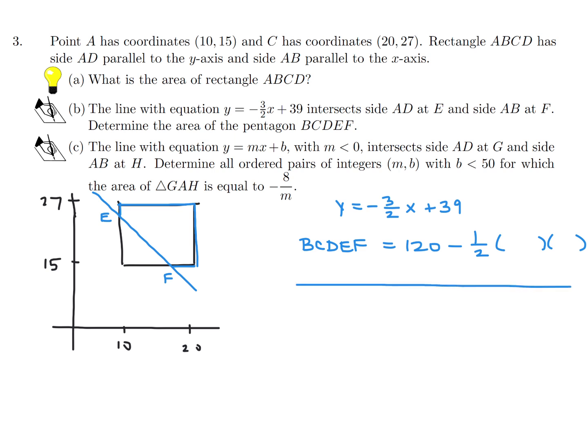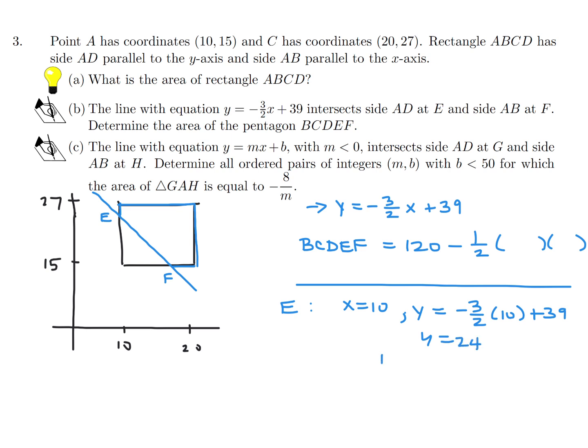Okay, so we just have to figure out what are the coordinates of E and F. So E is when x is equal to 10, correct? Yeah. So we sub that into here. We will get y is equal to minus 3 over 2 times 10 plus 39. So that is minus 15 plus 39, so that is 24.